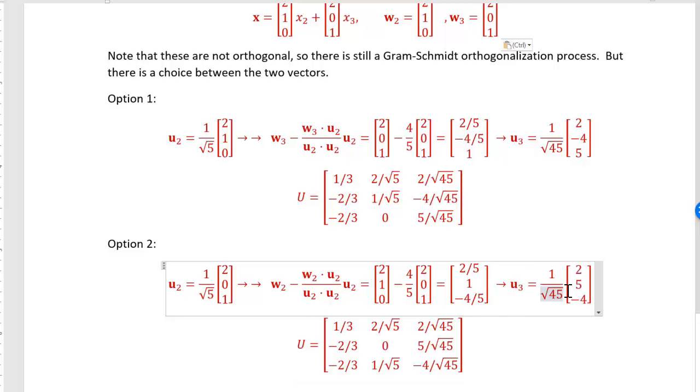If we take a look at our third unit vector in our third column, we see that it's a little bit different, and likewise our second column is a little bit different. So we have a different value for our U matrix. When they say that U is not uniquely determined, actually they say U and V are not uniquely determined, this is what they mean.